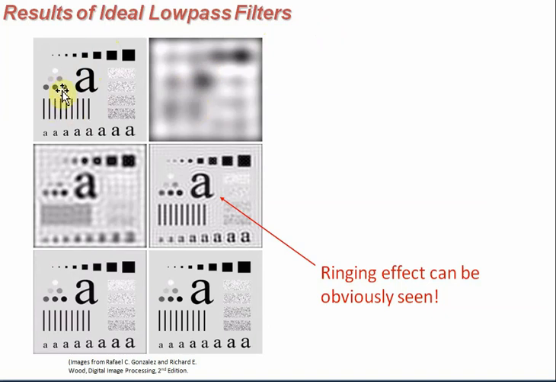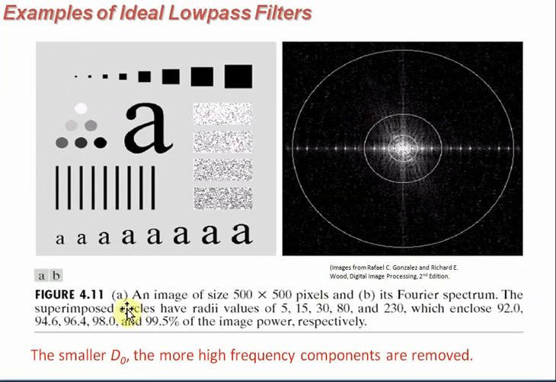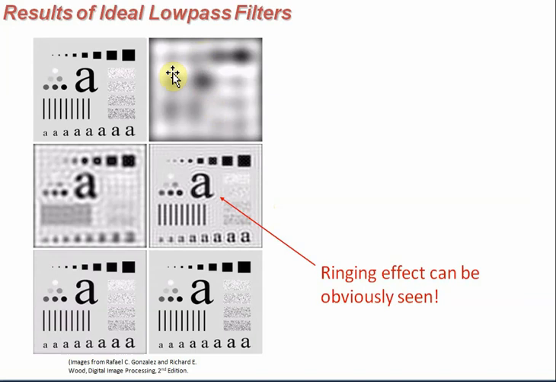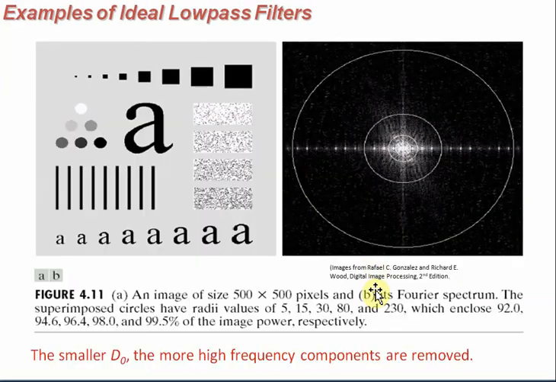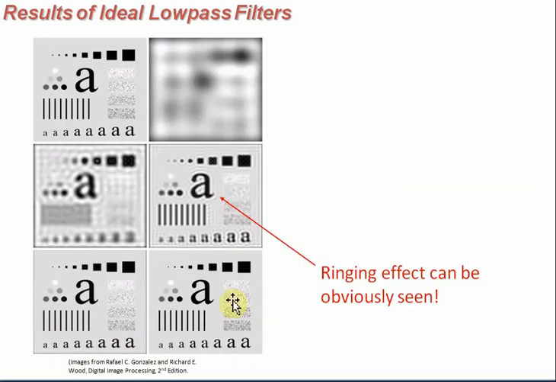This is F of u comma v. This is G of u comma v with the filter radius 5. If the filter radius is 5, the output is this one. If the filter radius is 15, this one; 30, this one; 80, this one; 230, this one.